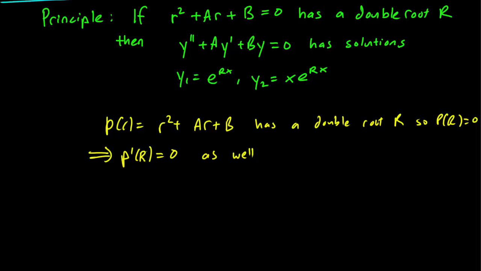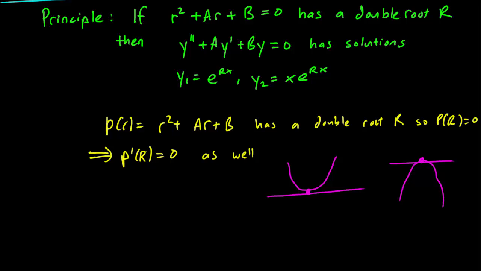What happens in a quadratic equation when you have a double root? You would have a parabola, and the double root is precisely where you have a tangency to the line. So it either looks like this or looks like this.